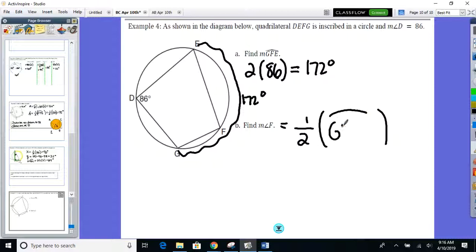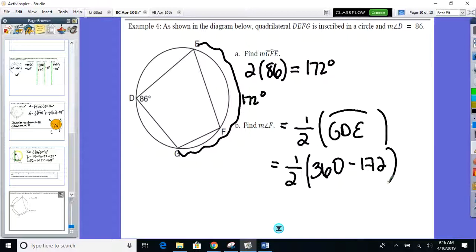GDE. Is it possible to find that measure? Well, you just found the other part, 172. What are you going to do with it to find this arc? Subtract it from 360. And I hope this comes out to be 94 degrees, which it does.